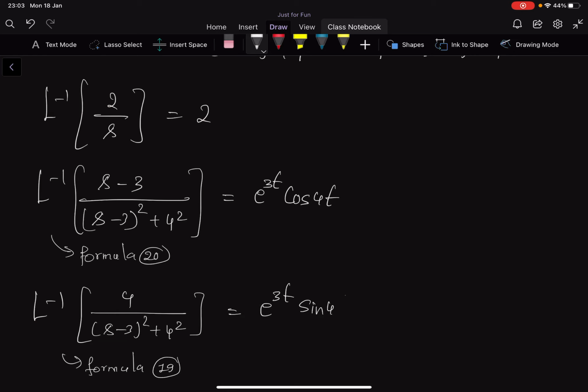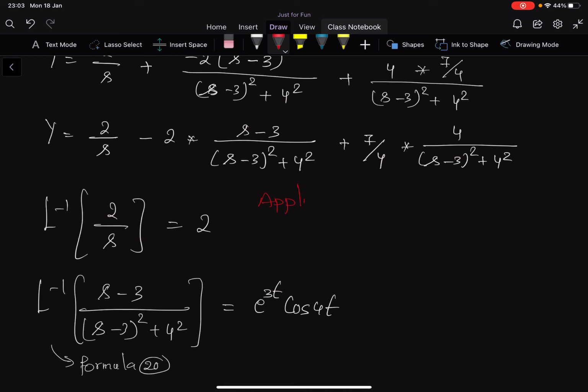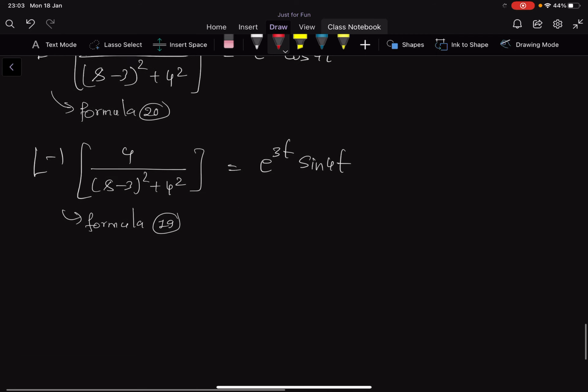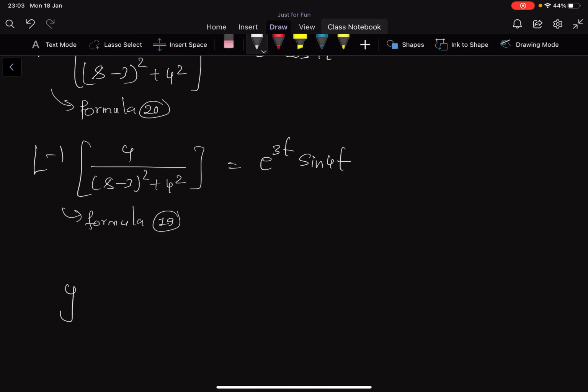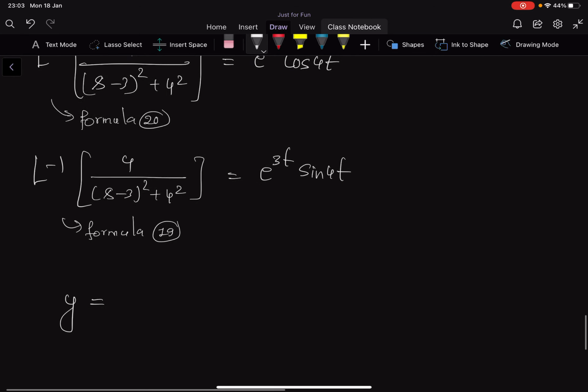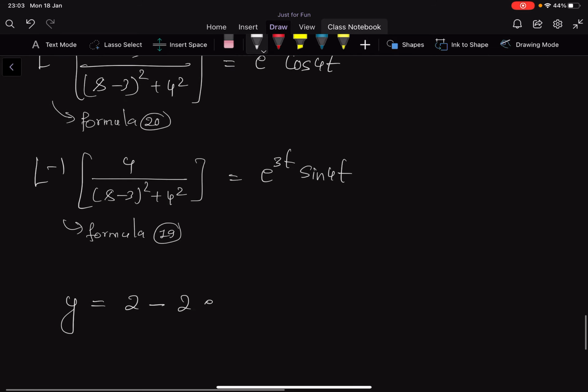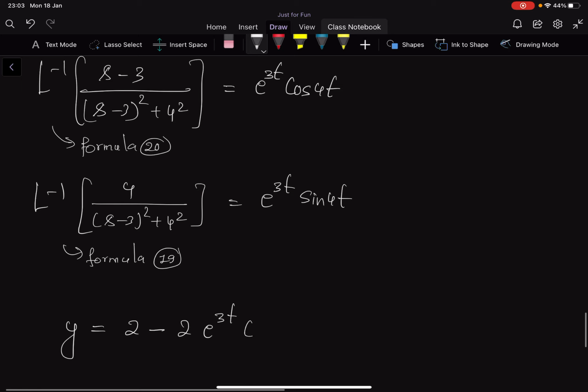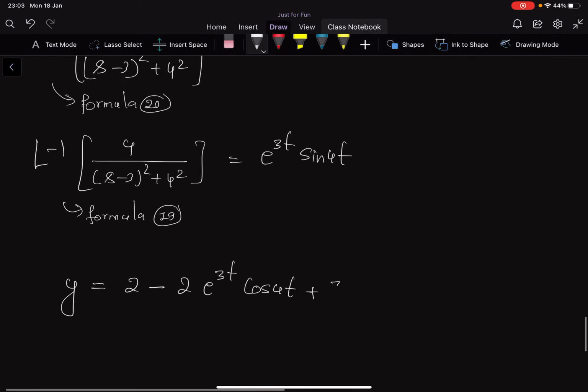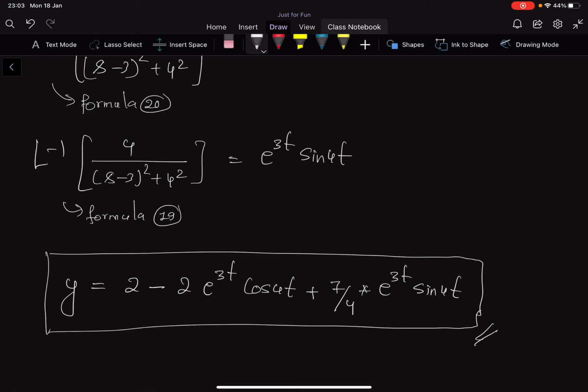Okay, and here, applying the inverse Laplace transform, we are going to get our final answer y, in smaller letter, which is going to be 2 minus 2 e power 3t cos 4t, plus 7 over 4 times e power 3t sine 4t, and that's the answer we're looking for to our differential equation, which is given on top.